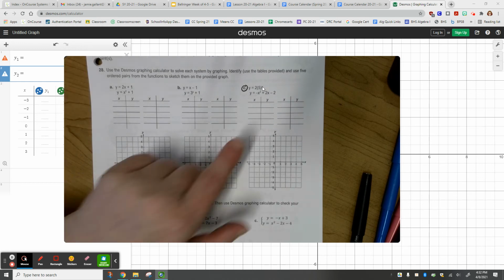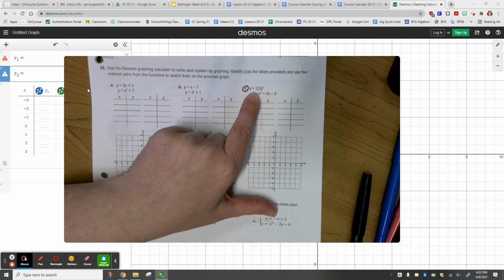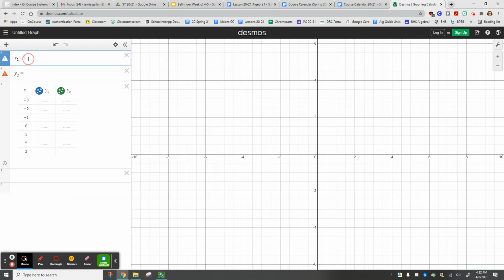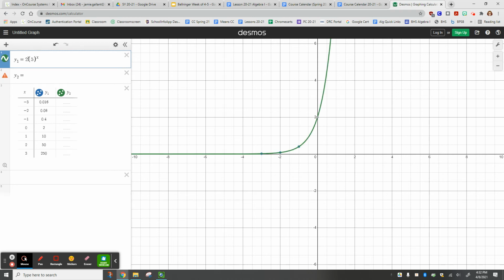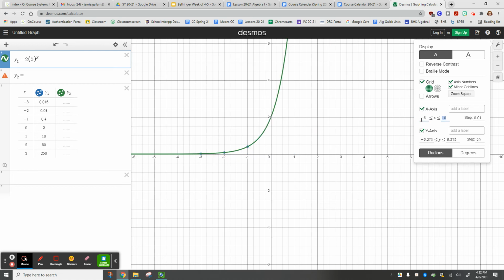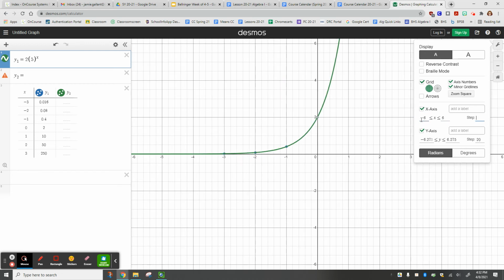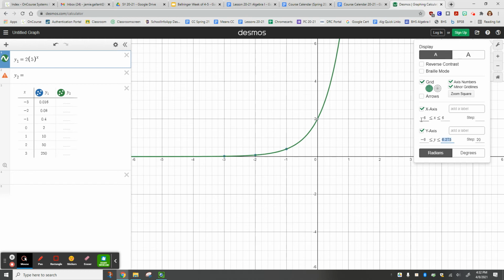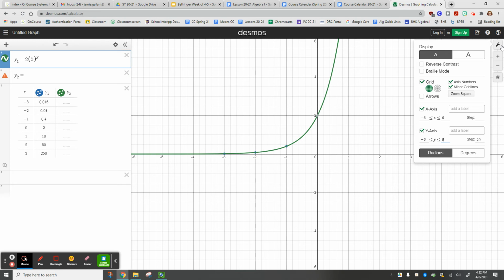So our first equation, we have y equals 2 times 5 to the x. So we're going to do 2 times 5 raised to the x. And we've got some points we can graph. And let me change my window to go from -6 to +6, so we can see everything.